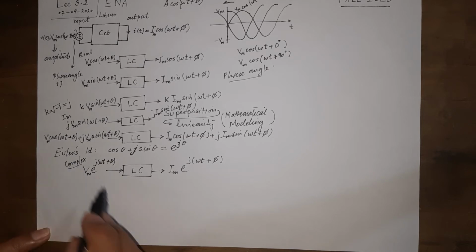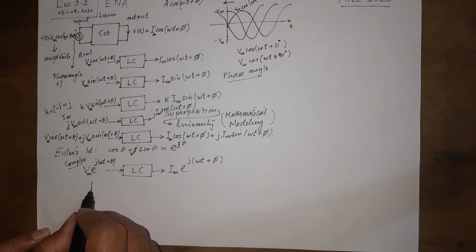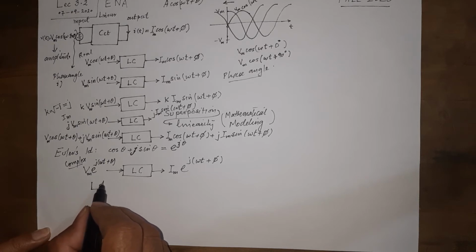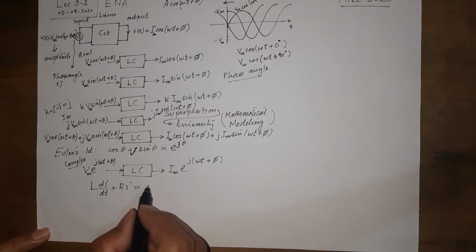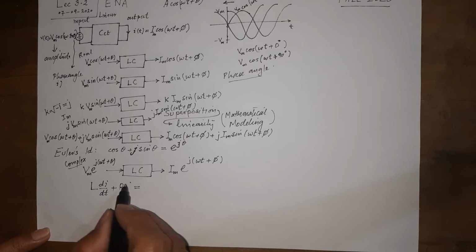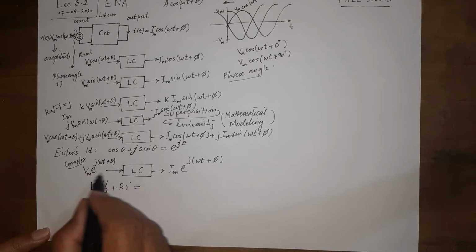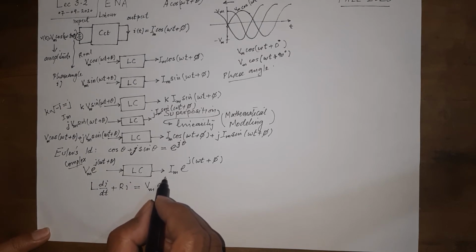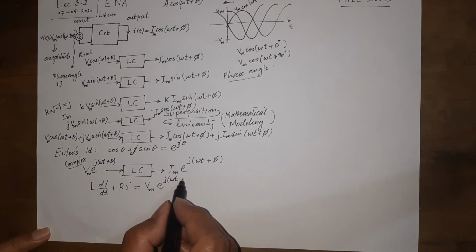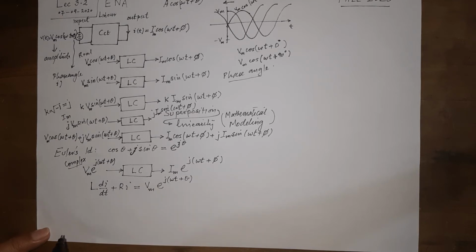Let us now go back to that RL circuit equation. Remember, we had the equation L di by dt plus Ri is equal to Vm cos of omega t. But here, if the input is this one, we are going to have Vm e raised power iota omega t plus theta.